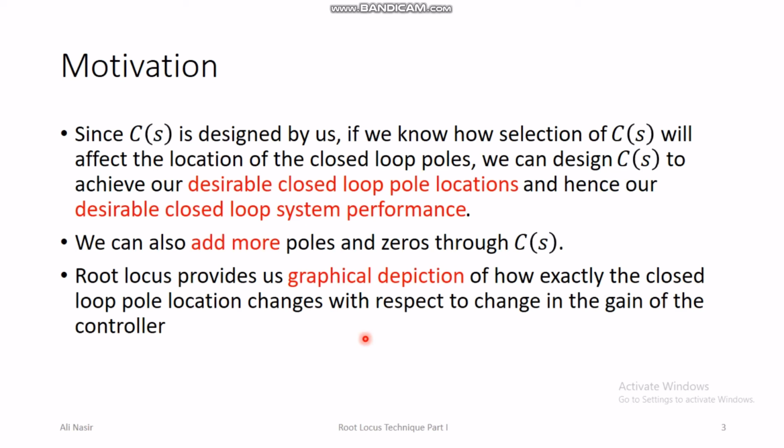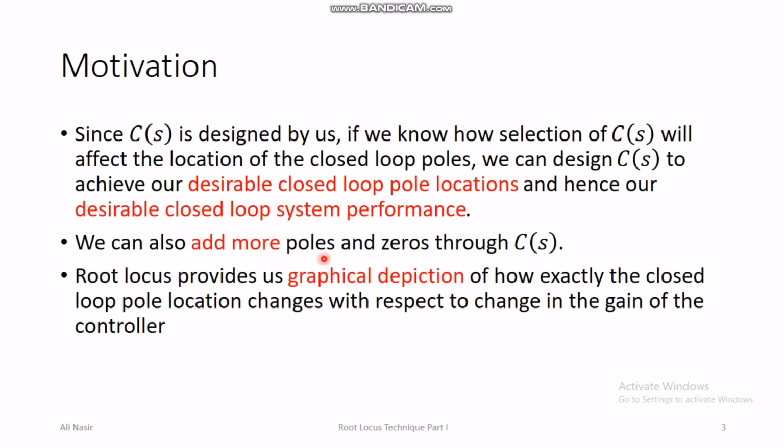So the motivation is to be able to get a hold on the knowledge of how the closed loop poles move when we close the loop, and based on that knowledge we can adjust our controller to achieve desirable closed loop performance. And we can also add more poles and zeros.